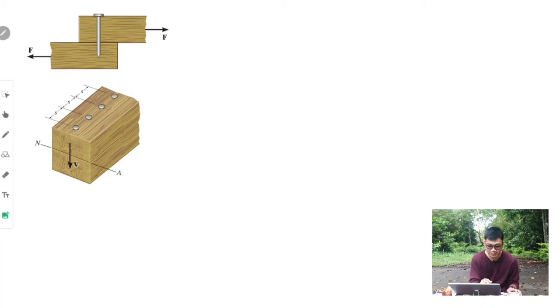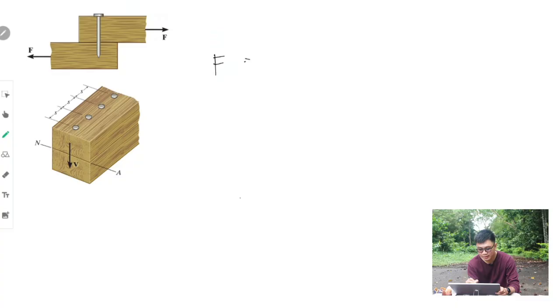This spacing, S, is what we're looking for: how many spaces are needed for the nails to support that shear load.